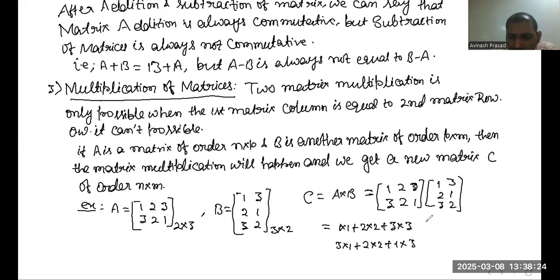Again 1 into 3 plus 2 into 1 plus 3 into 2. The next one is 3 into 3 plus 2 into 1 plus 1 into 2.